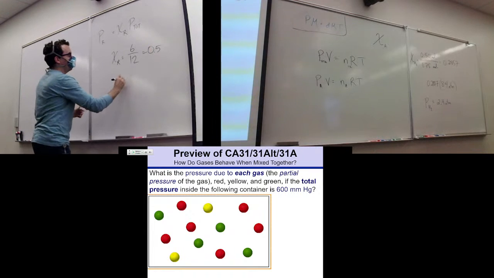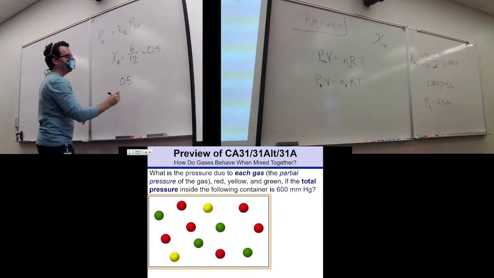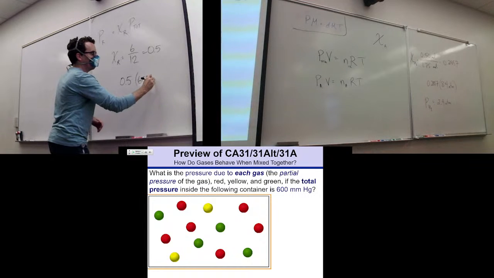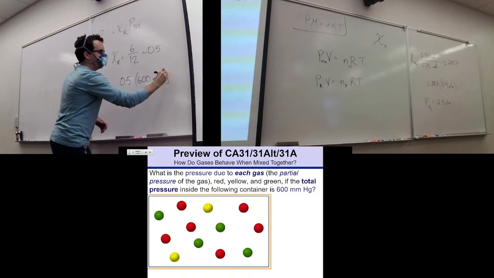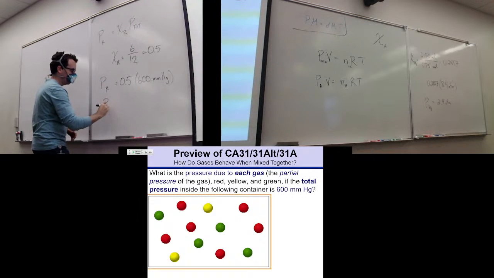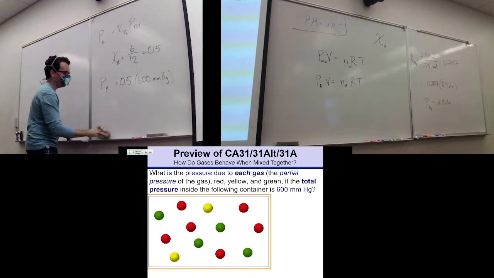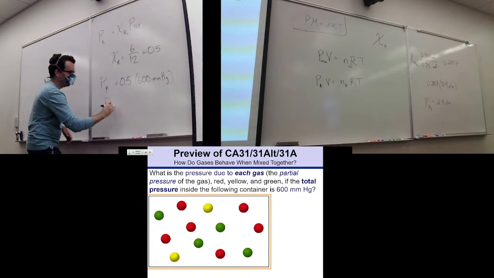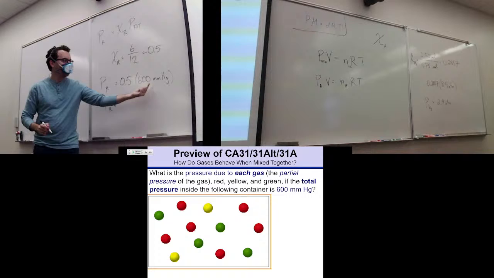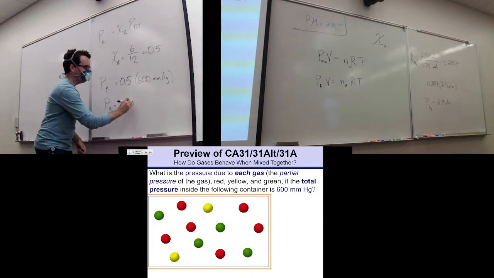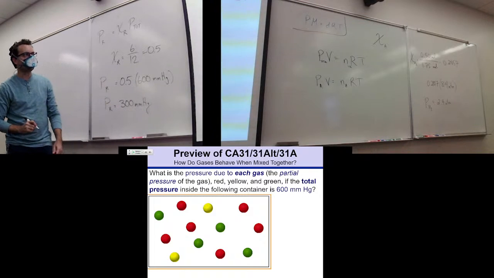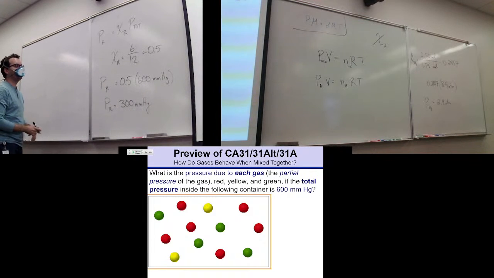So now I've got 0.5 for my mole fraction. The total pressure is 600 millimeters of mercury. And so the partial pressure of the red gas, notice that the units don't change. This mole fraction is unitless, so it's 300 millimeters of mercury. All right, and we keep going. We do the same thing for the green one.